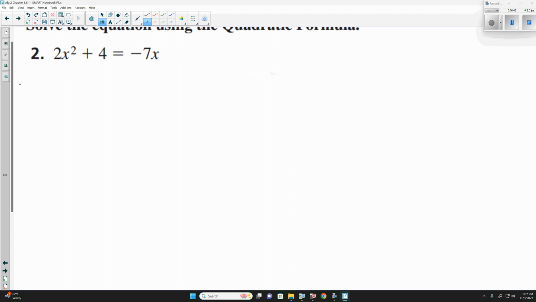2x squared plus 4 equals negative 7. What can we do to make this thing equal 0? Which would give us 2x squared plus 7x plus 4 is equal to 0.